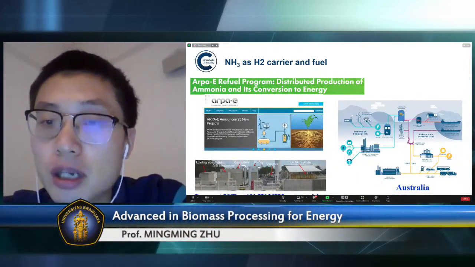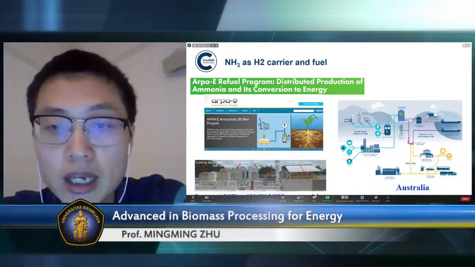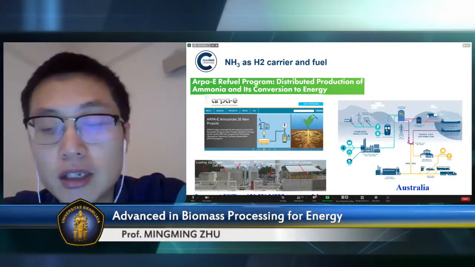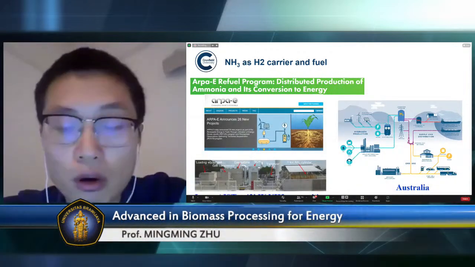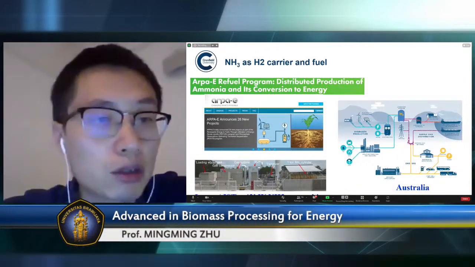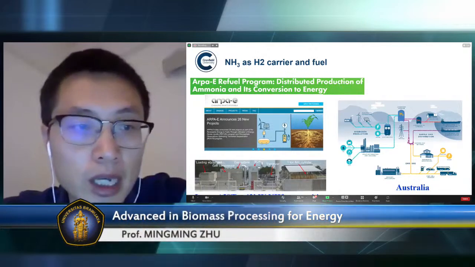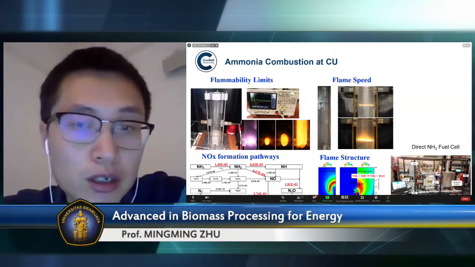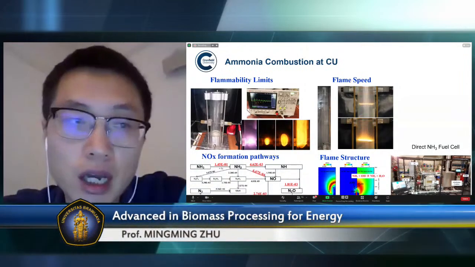Then they ship ammonia to China, Japan, Korea, India. And when they receive it, they can directly use ammonia as a fuel or convert ammonia back to hydrogen to use it.